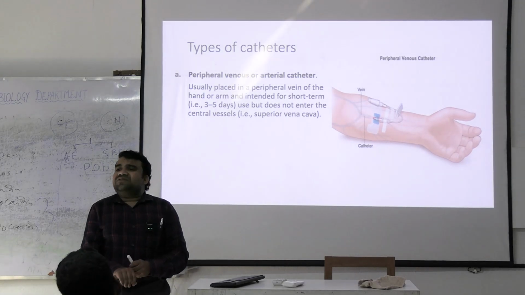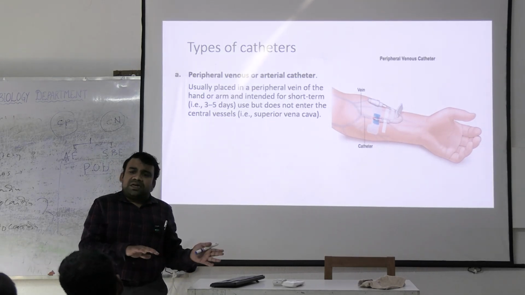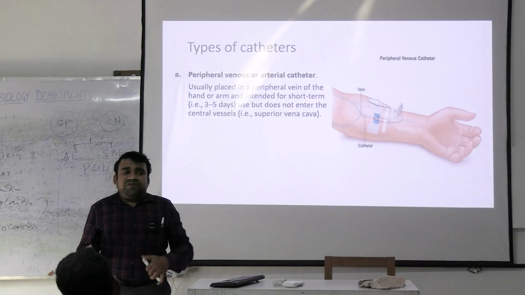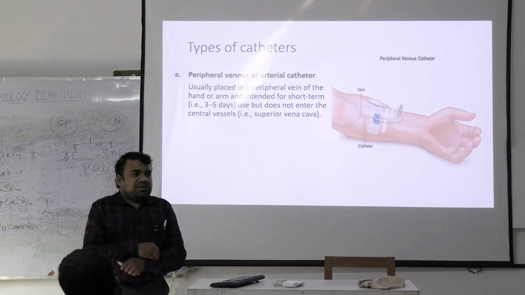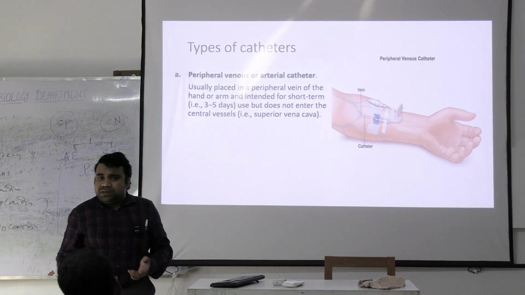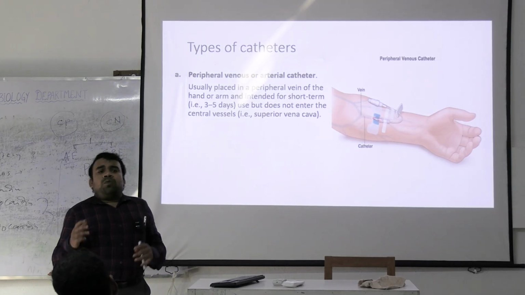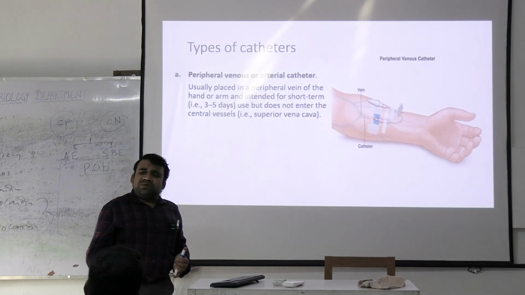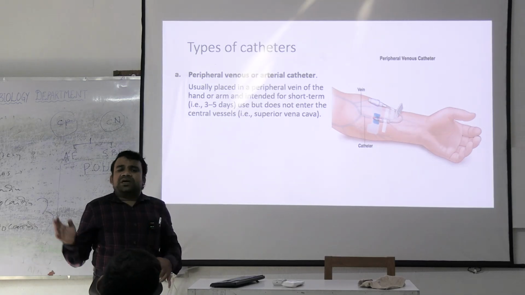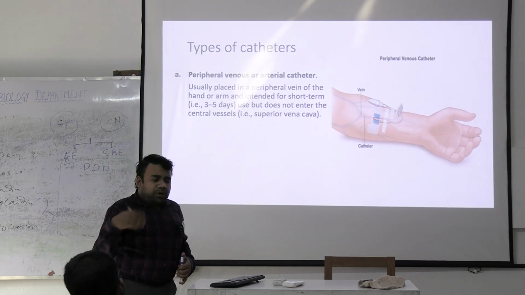That is also called phlebitis. It may be infective, it may be non-infective. If it is blocked by a thrombus formed in the vein, we call it thrombophlebitis, and sometimes it may be due to infection. Whatever the cause, the best way of treating is to remove the cannula itself, and if required, put a cannula elsewhere.